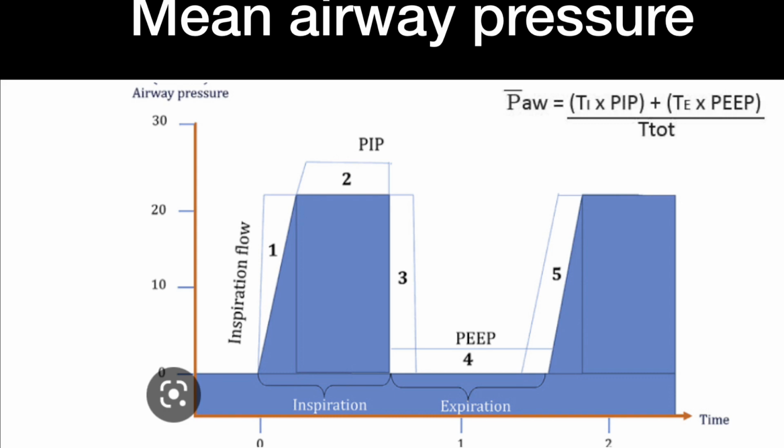The best method to increase the mean airway pressure is to increase the PEEP. Once the PEEP is increased, the area under the curve increases, which majorly increases the mean airway pressure. But PEEP should be increased only up to the optimal level. There are problems with increasing PEEP, where it impedes venous return and cardiac output.